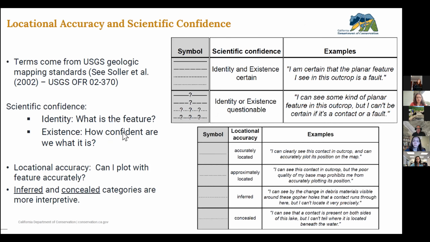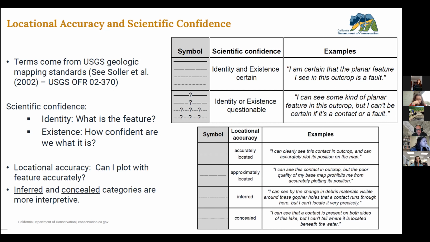Here's something that comes from California Geological Survey. Some of their thoughts about scientific confidence. If you're pretty confident, you want to say, I am certain that this feature is a fault, versus I can see some kind of feature but I can't be certain that it's a fault, versus I can't see it at all. And so we want to try to capture this. We don't want to throw away information.